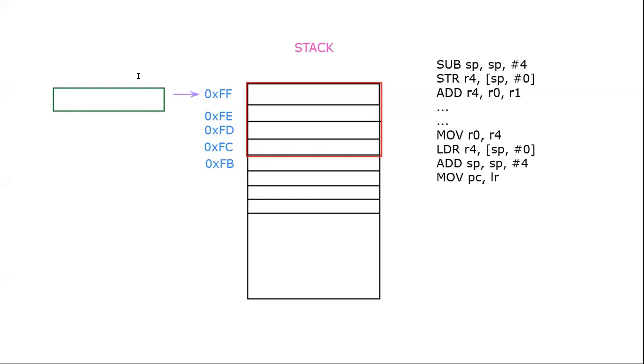Okay, great. After loading into R4, does the stack get cleared? Clearing? No. There's no circuitry to go and clear the stack, putting them all to zeros. Maybe that is what you mean by clearing.